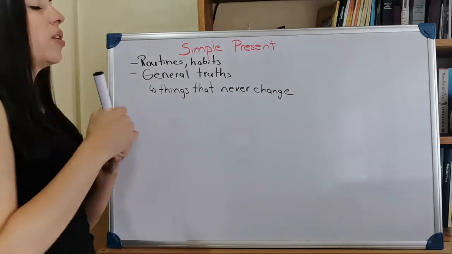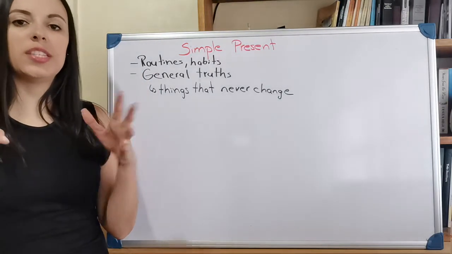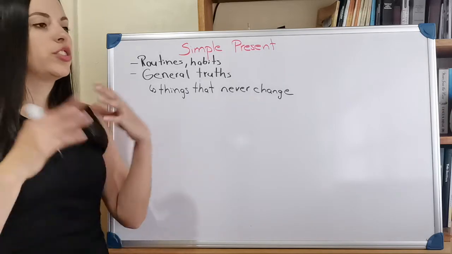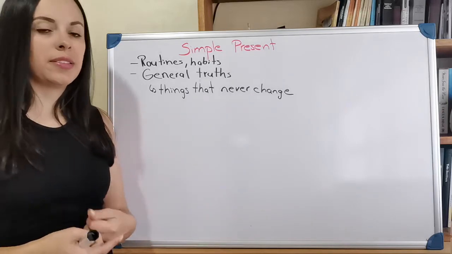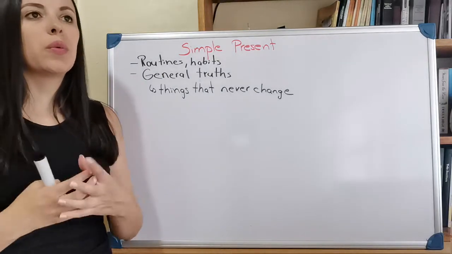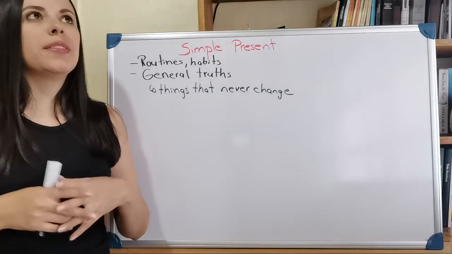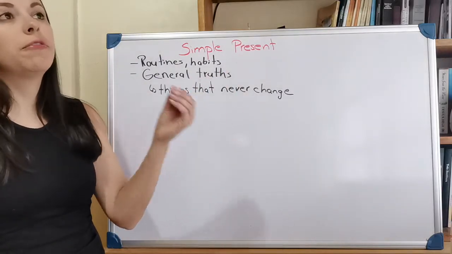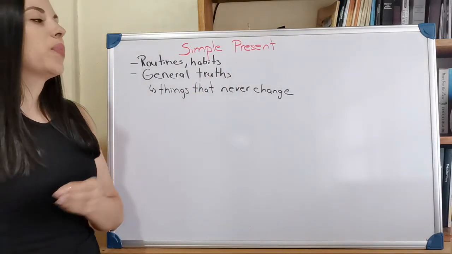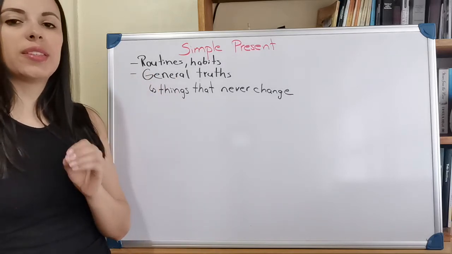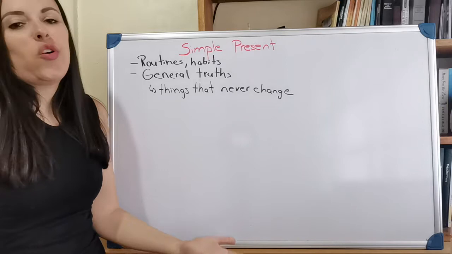Okay, so those are like the most common situations in which we use the simple present tense to describe or to say our ideas. Okay, when we are talking about our routines, the things that we always do, things that we do with certain frequency. Okay, and general truth. A general truth is something that is always the same.